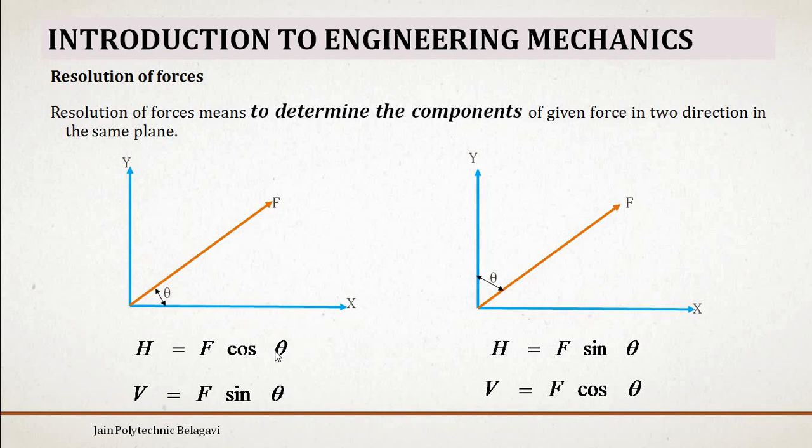Horizontal component, here it was F cos theta and now it is F sin theta. Why? Because this theta now has the opposite side in horizontal fashion, because this is the angle and its opposite side, the horizontal component. So horizontal component will be opposite upon hypotenuse. So opposite is sin theta.